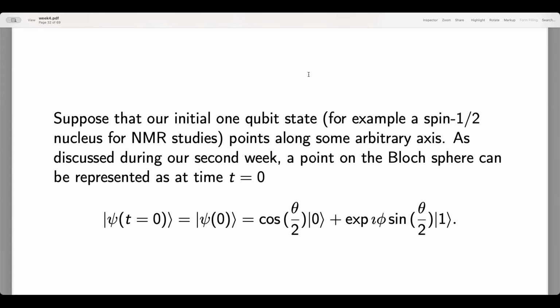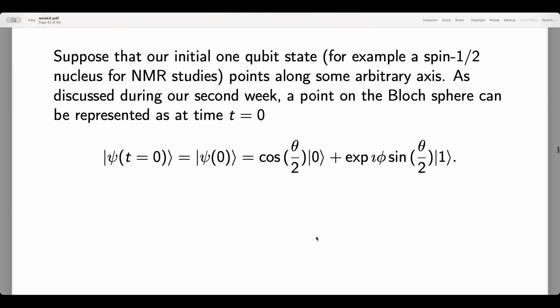So it could be prepared as a linear combination, or you could just prepare it as a qubit 0 state. This is often the most common choice when you prepare the system. So if you have 10 qubits, you would prepare all of them in state 0, and then you would have the tensor product over 10 qubits.